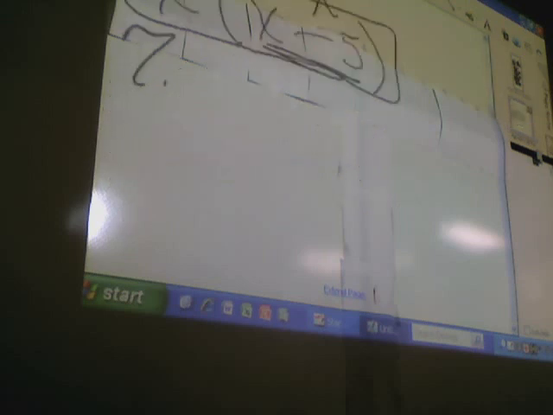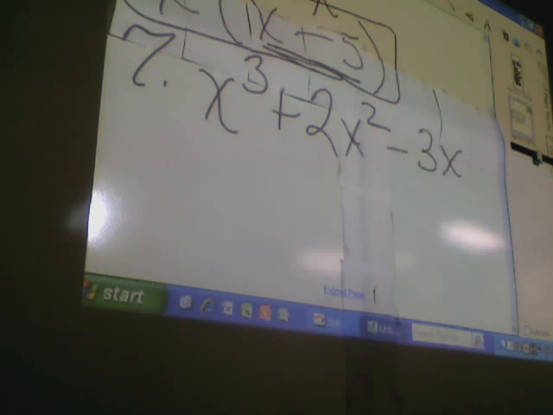Number 7. X cubed plus 2x squared minus 3x. Okay, do they have anything in common first? X, okay, is that all?